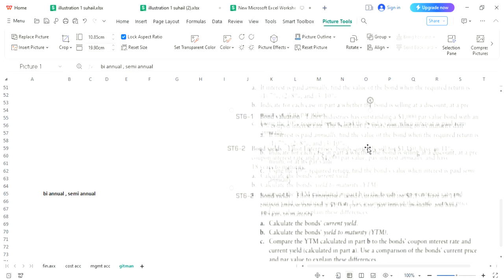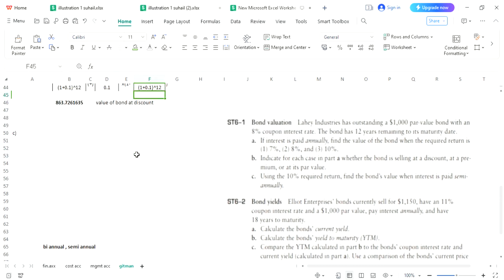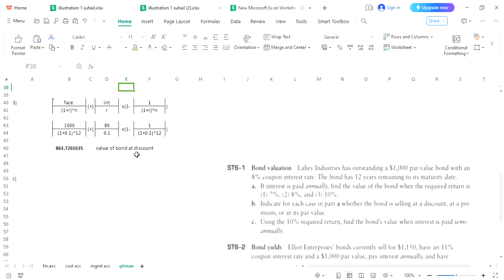As I said earlier, if it is biannual, that means 6 months, so there will be two biannuals. The things we are going to change would be the rate of interest, the years, and the required rate of return as well. The formula will be the same which we have used earlier.